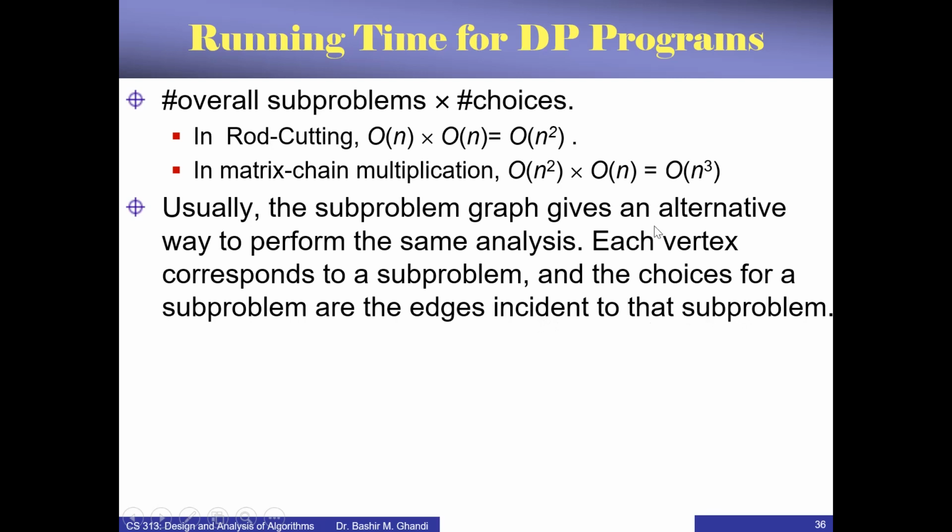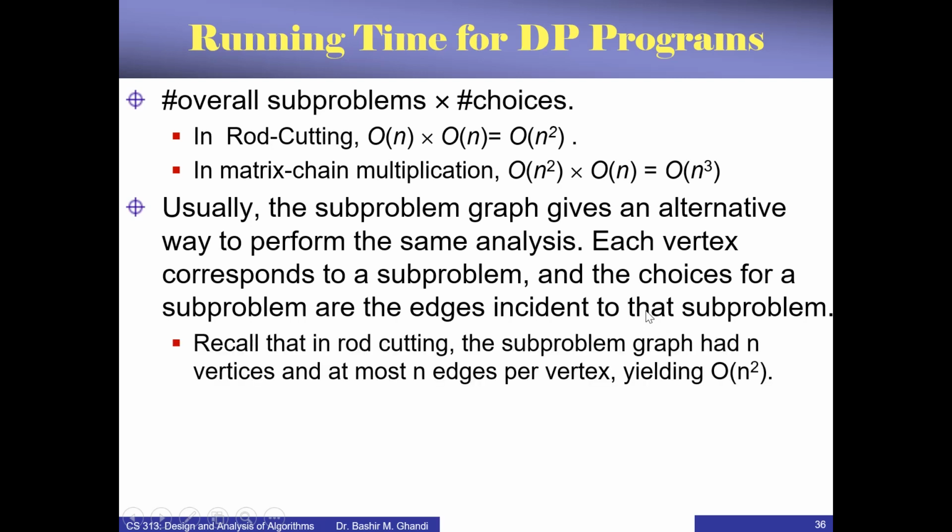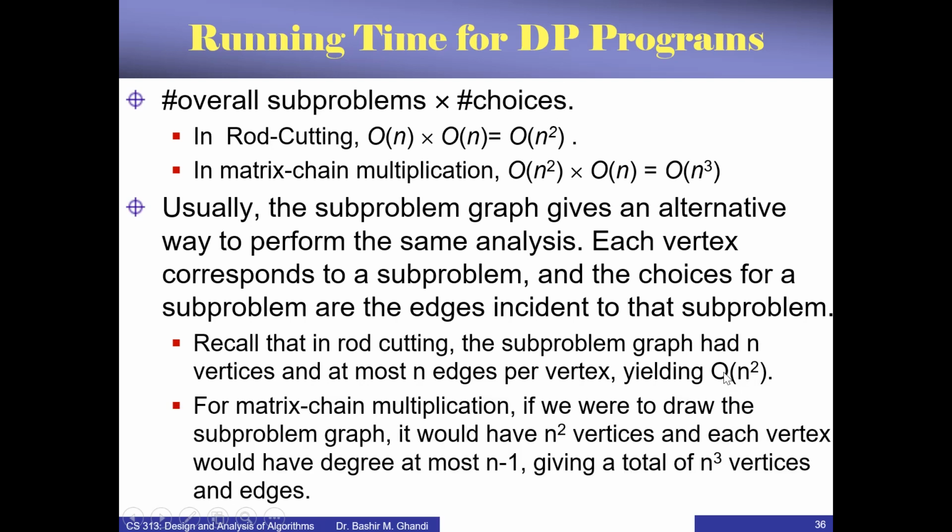So multiply these two and you will get the overall running time of the problem. So for the rod cutting, the subproblem graph had n vertices and at most n edges per vertex, and that yields again n squared. Okay, so this is another way to find the running time.